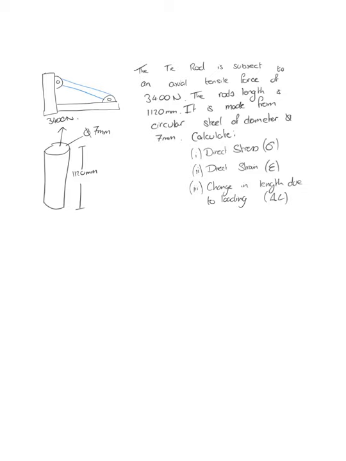So if I look at this question, walking through it, I have a rod with a tensile force of 3,400 newtons. The unit for force is newton, it's already in newtons, so F equals 3,400 newtons. Our length then is equal to 1,120 millimeters.